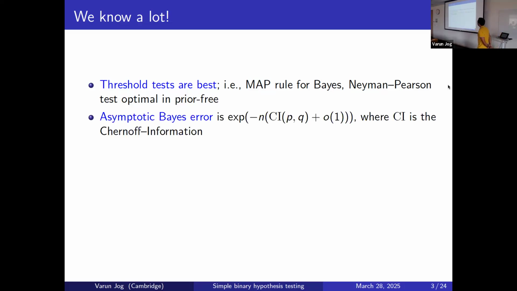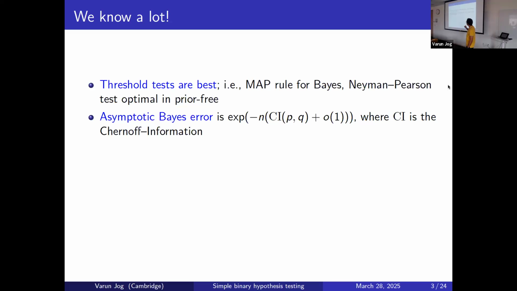We also know that if you care about the problem in the asymptotic regime, so what do I mean by asymptotic? I mean that n is tending to infinity, and you care about how my error is going to decay. So naturally, as you get more samples, you have more information, so error is going to decay to 0. Well, question is how fast does it decay to 0? If you care about Bayes error, then Bayes error decays exponentially fast, and even the exponent is known.